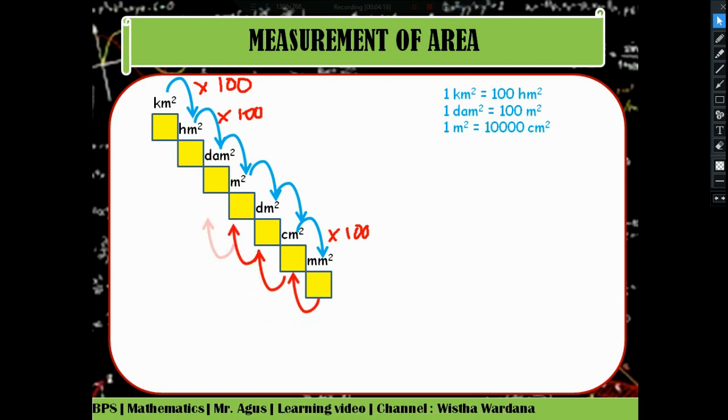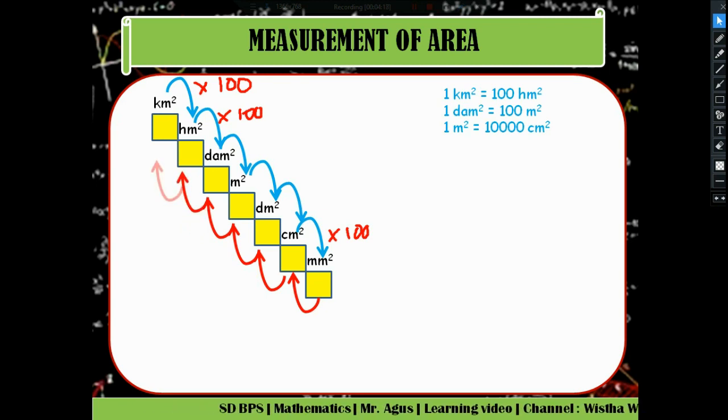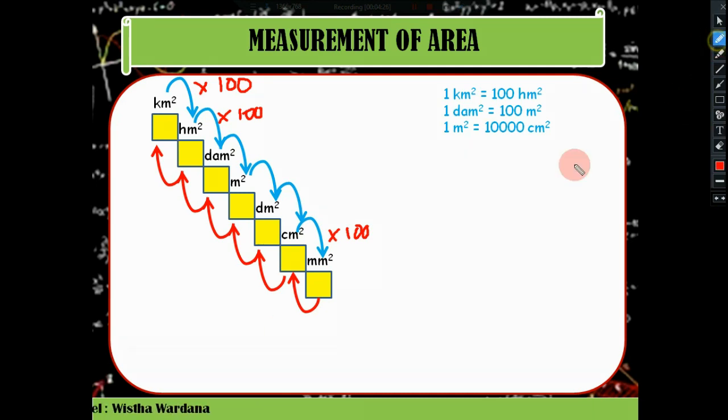Similar like before, if you move up to the other measurement, you have to divide it by 100. So, if you would like to change the measure from square of millimeter into square of centimeter, you have to divide it by 100.